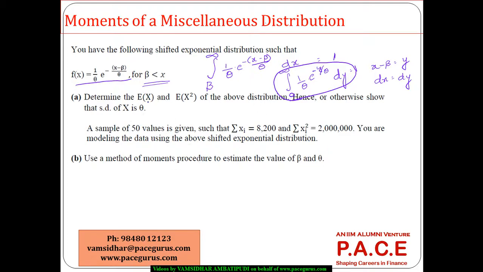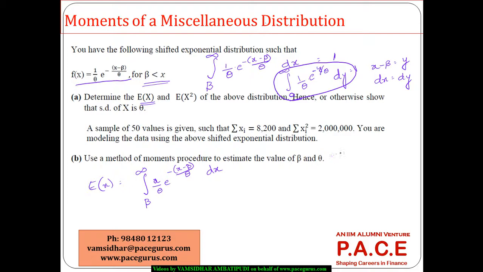Now, determine the expected value of x. What do I do when I have to find the expected value of x? I integrate x times f of x. So I am taking x by theta e to the power of minus (x minus beta) by theta dx.